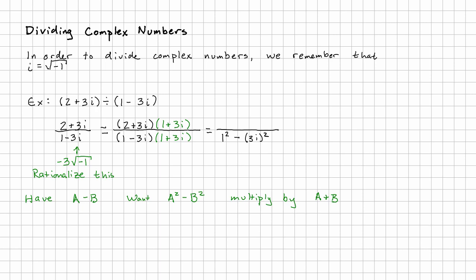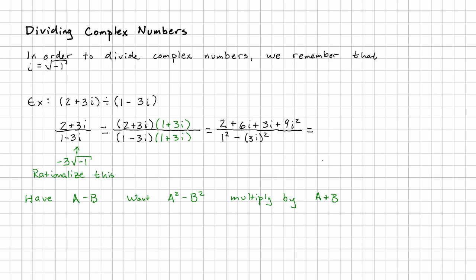In the numerator, we'll have, let's see, 2 times 1 is 2, plus 2 times 3i is 6i, plus 3i times 1 is 3i, plus 3i times 3i is 9i squared.